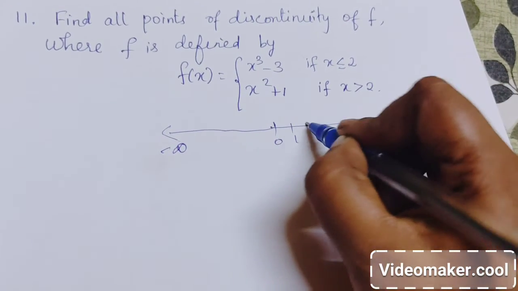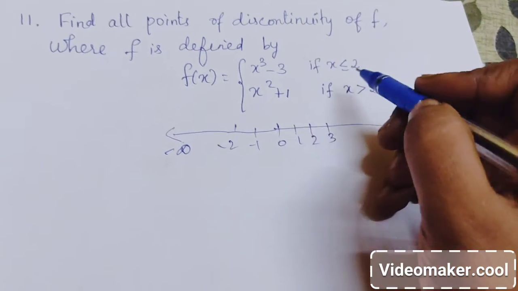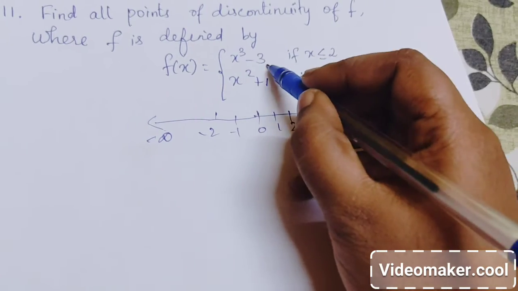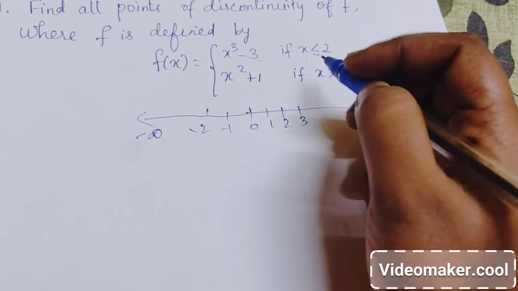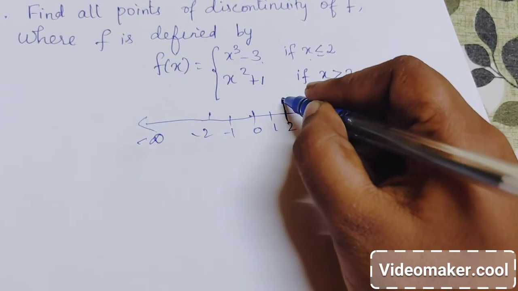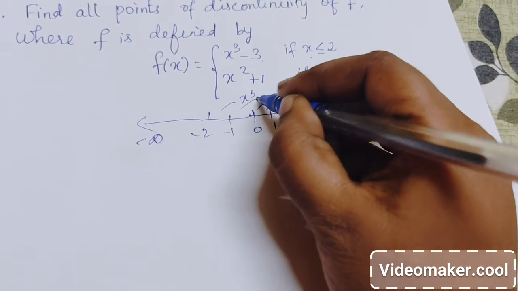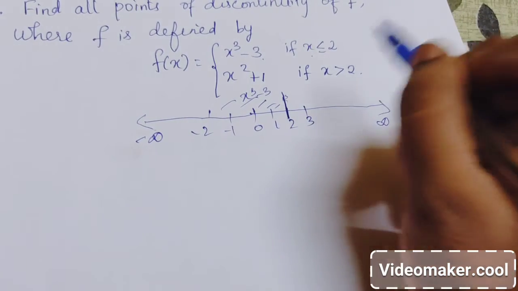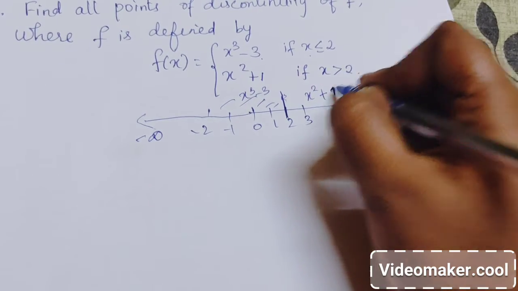So 1, 2, 3 natural numbers, negative integers. Now here the function will take x cube minus 3 when the value of x is less than or equal to 2. So in this part the function will be x cube minus 3, and once the values are greater than 2, it will become x square plus 1.